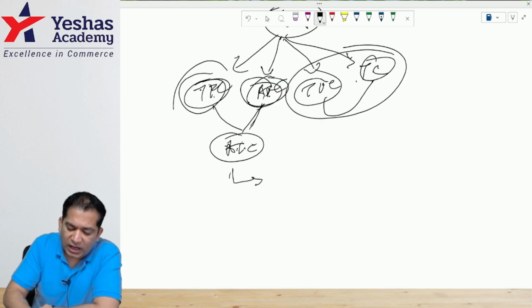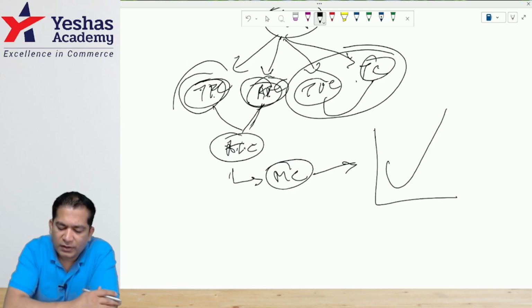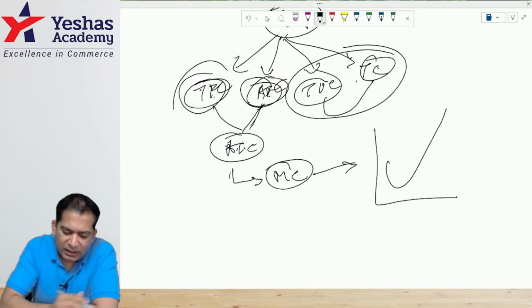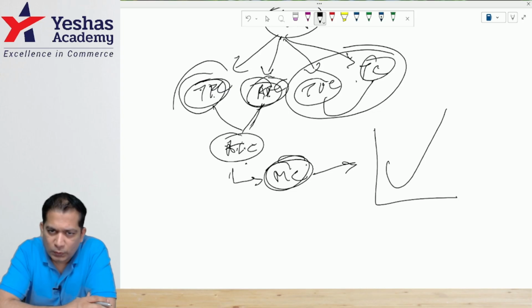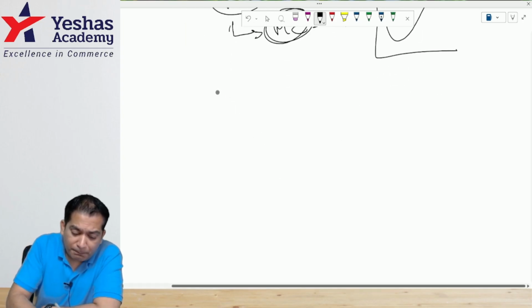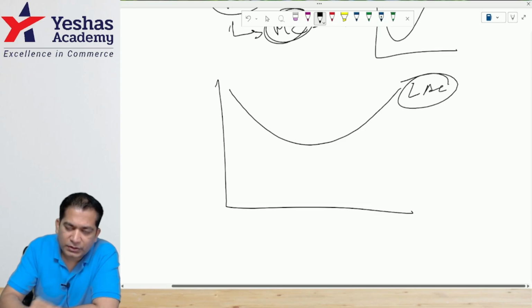A lot of questions are asked about marginal cost, wherein they'll simply ask you the formula and they will ask you what is the nature of the marginal cost curve, and of course the relationship between MC, AVC and ATC they will also ask you. You will find that from the planning curve or long run average cost curve, a lot of questions come.